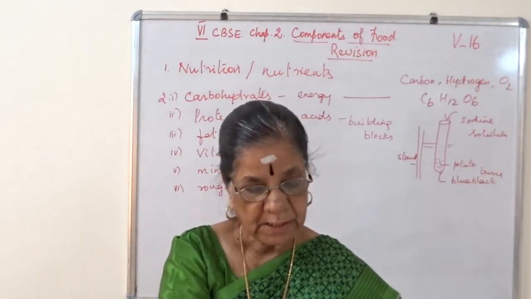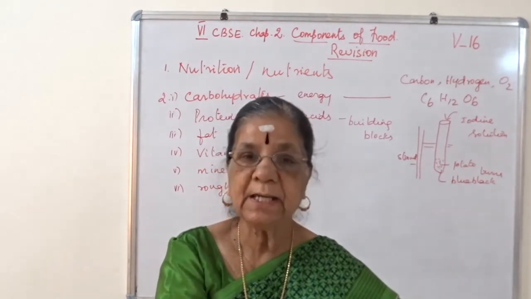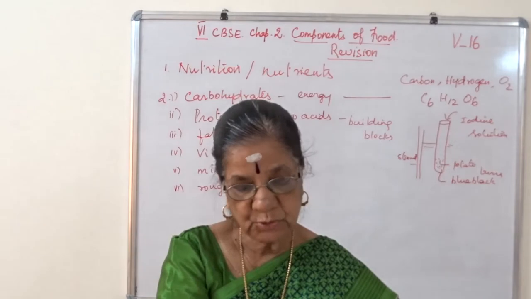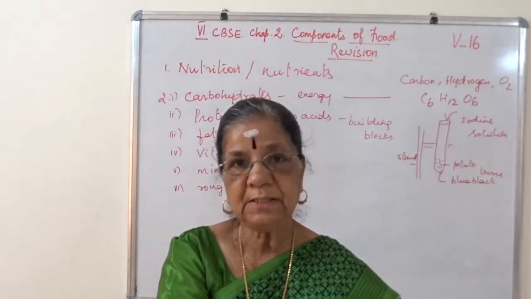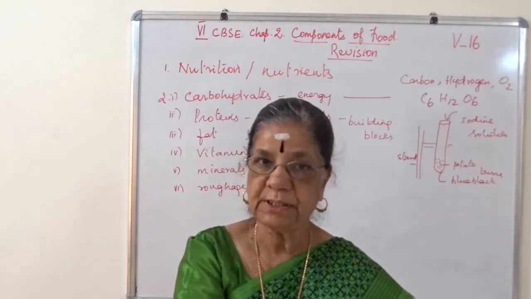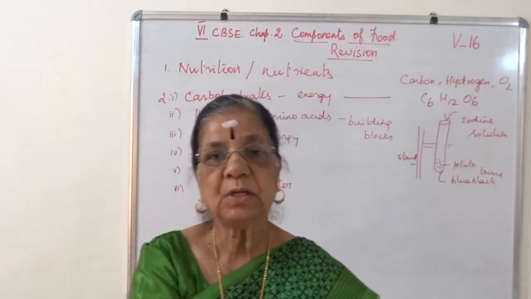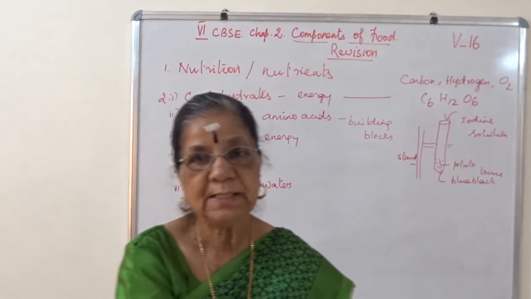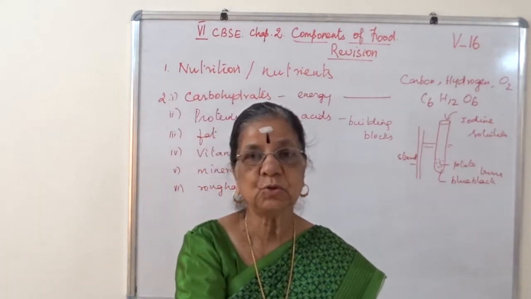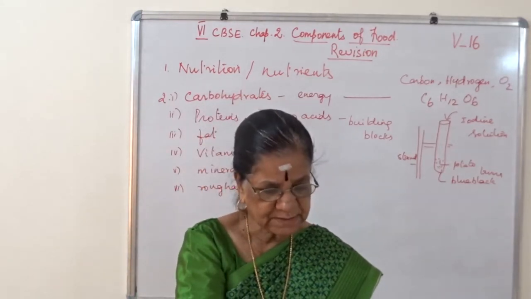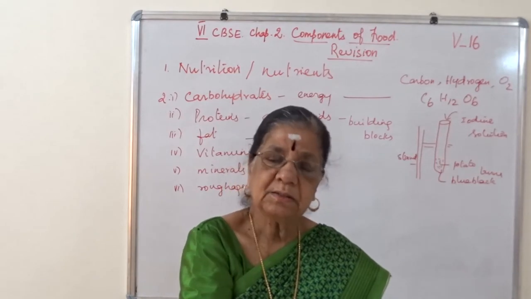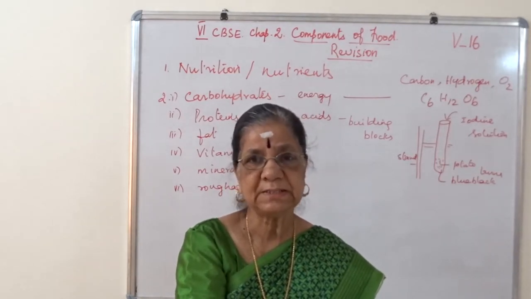Then proteins called enzymes help to carry out chemical reactions in the body. In the same way, hormones are also helpful in metabolic activities. So proteins include hormones and enzymes.